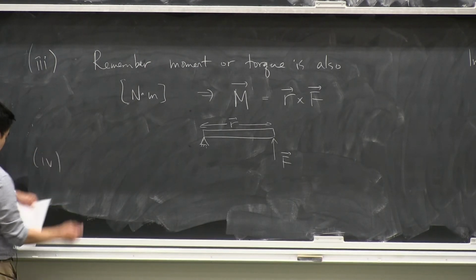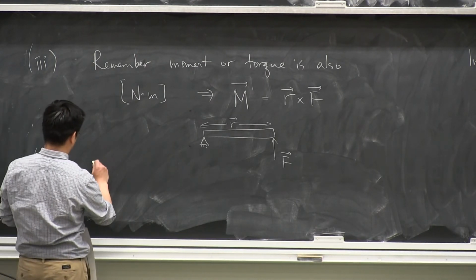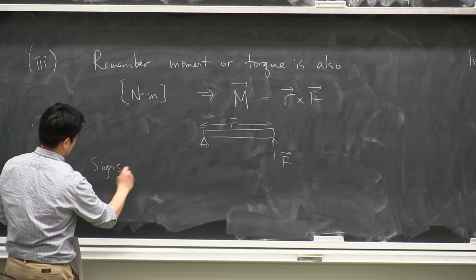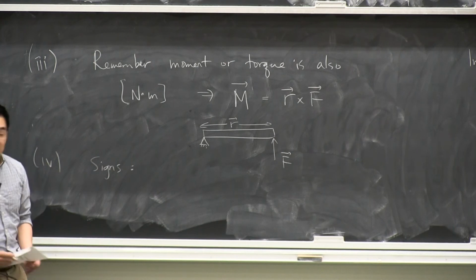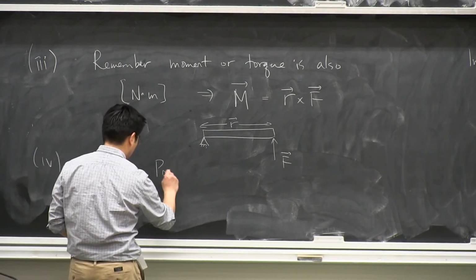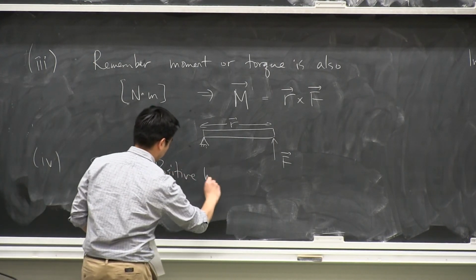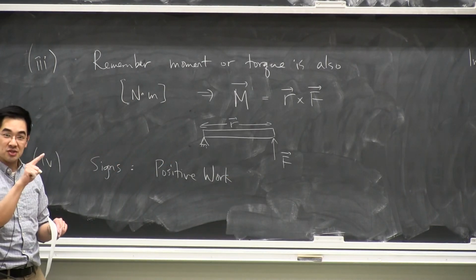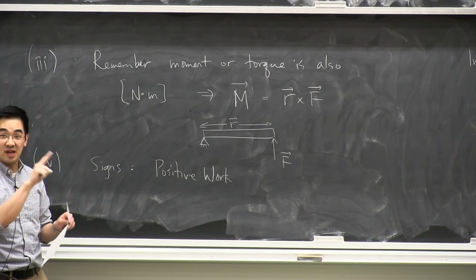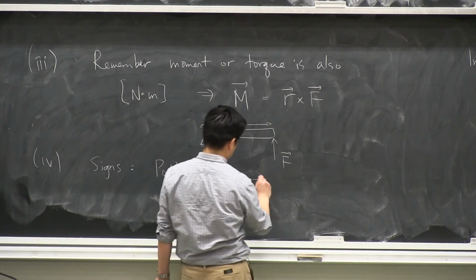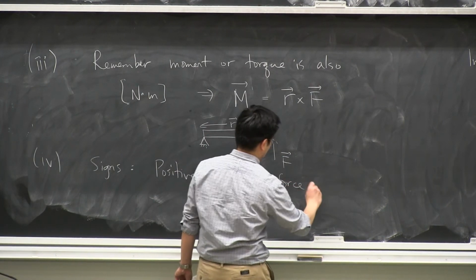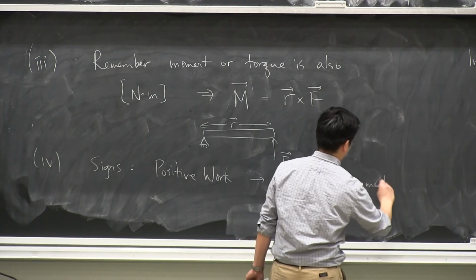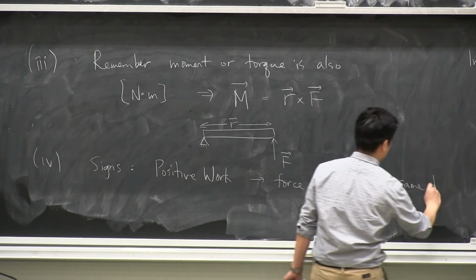And then one final point, 4, is be very, very careful of signs. So signs, okay? If you see positive work, it's an indication that the force is clearly in the same direction as the displacement, right? Force and displacement, same direction.